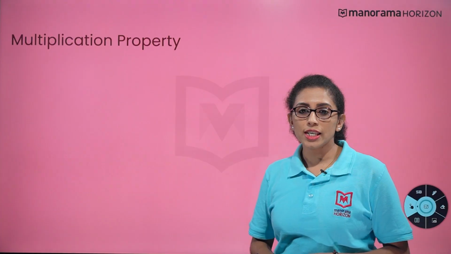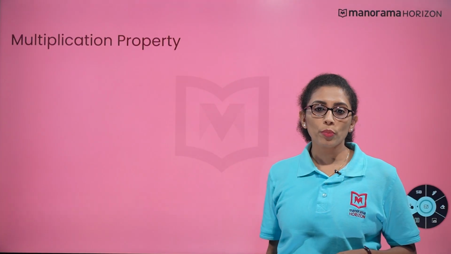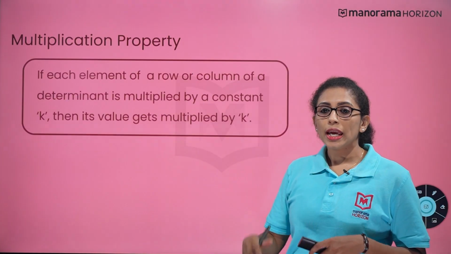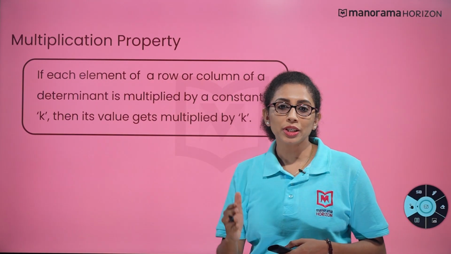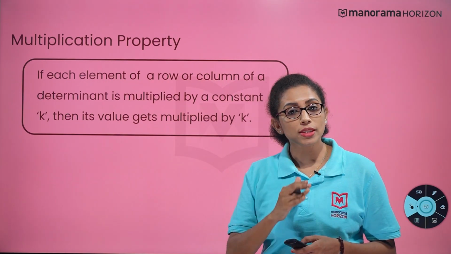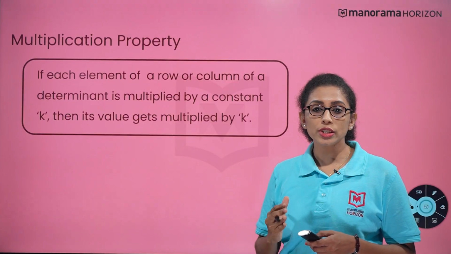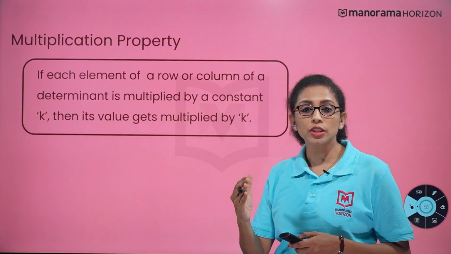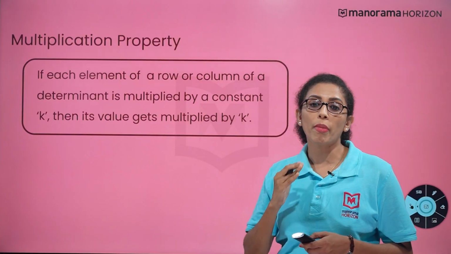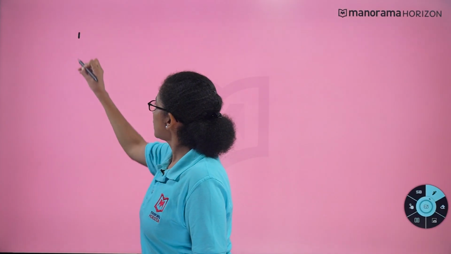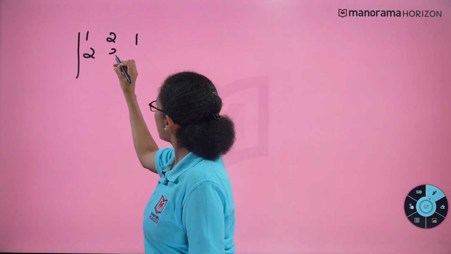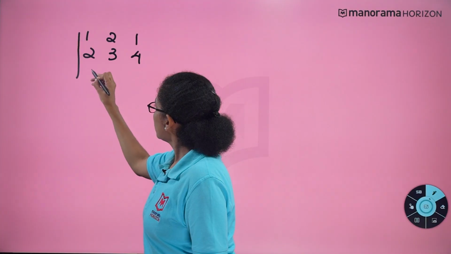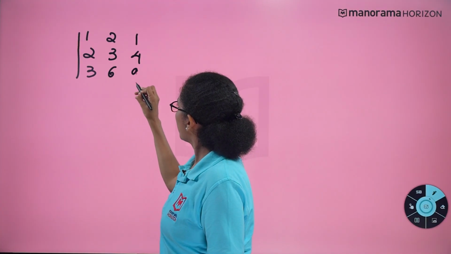Now, let's see the next property, that is multiplication property. If each element of a row or a column of a determinant is multiplied by a constant k, then what happens to the determinant? The value of the determinant also gets multiplied by the same factor k. Let's see one example. Determinant 1, 2, 1, 2, 3, 4, 3, 6, 9.